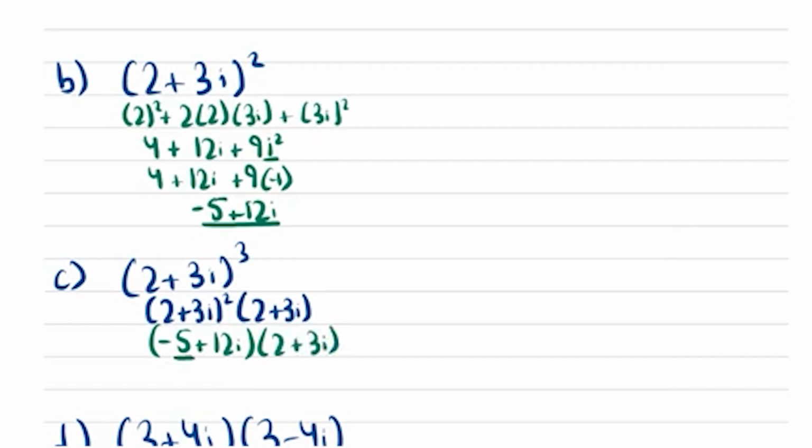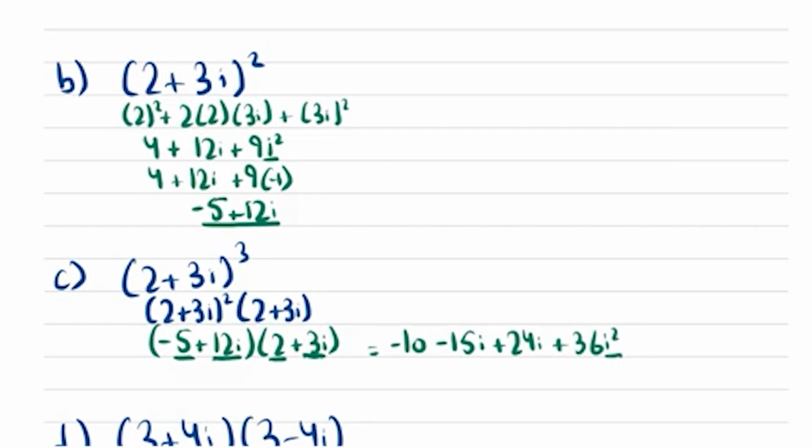Now let's multiply. Minus 5 into 2 is what? Minus 10. Minus 5 into 3i is what? Minus 15i. Plus 12i into 2 is what? 24i. Plus 12i into 3i is what? 36i square.